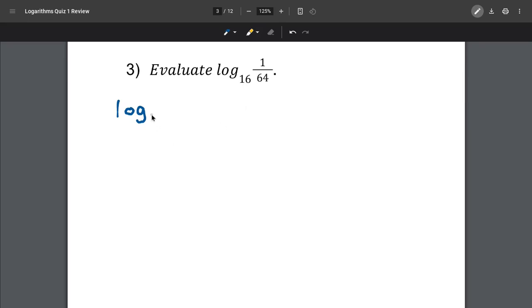And the largest number that we can pick is 4. So I'm going to say log base 4 of 64 over log base 4 of 16.